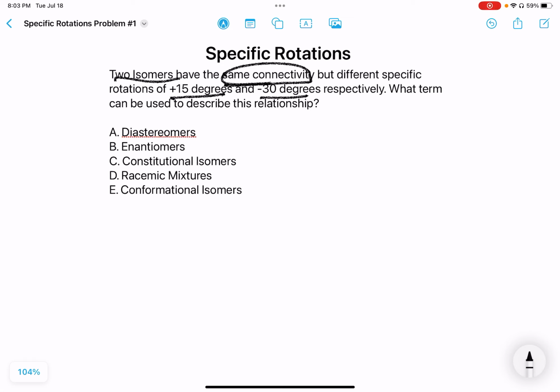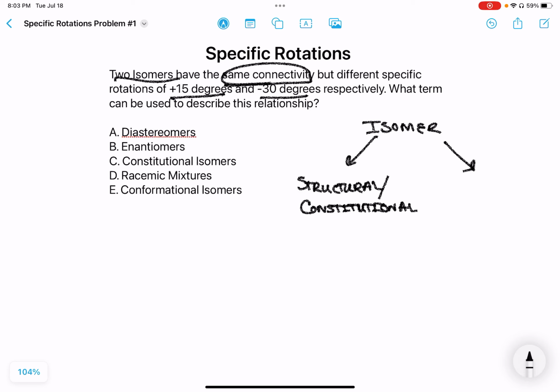The first thing we want to do is give a little background on some of these terms. Isomers have two categories: structural, aka constitutional, and stereoisomers.